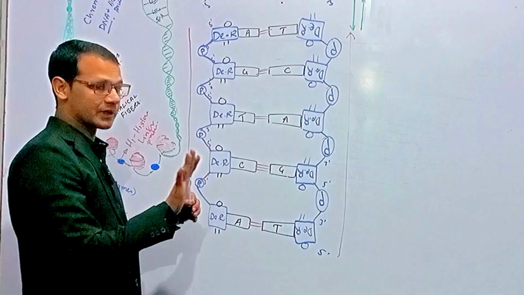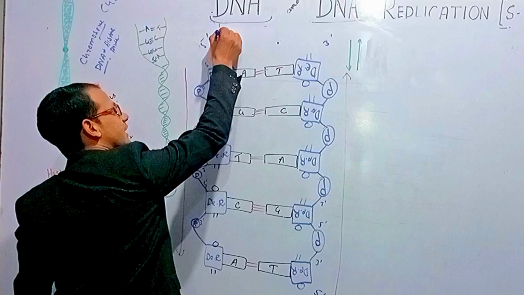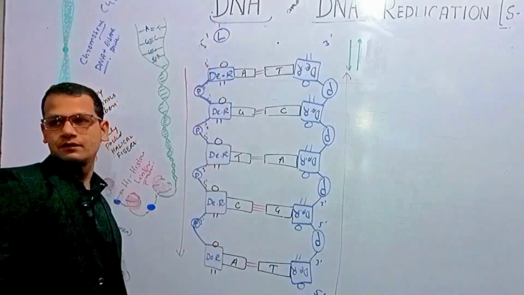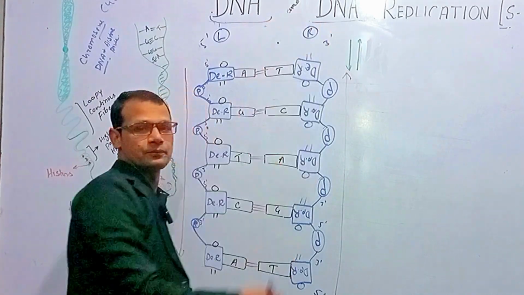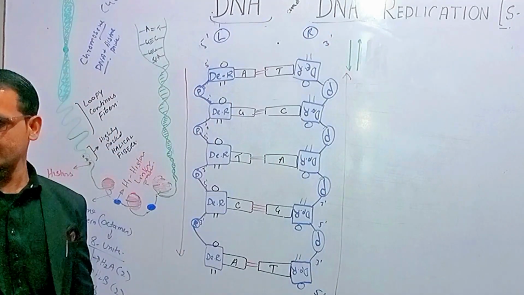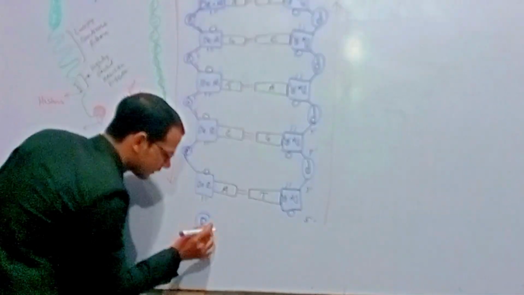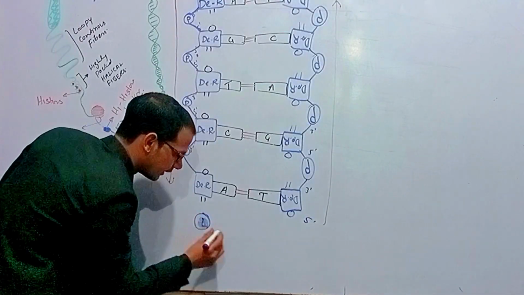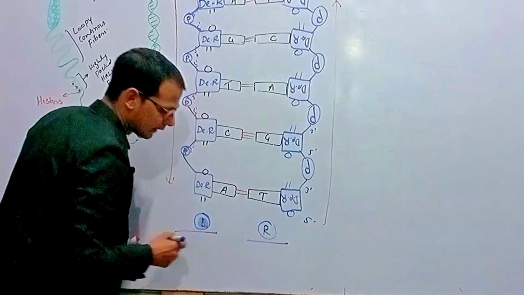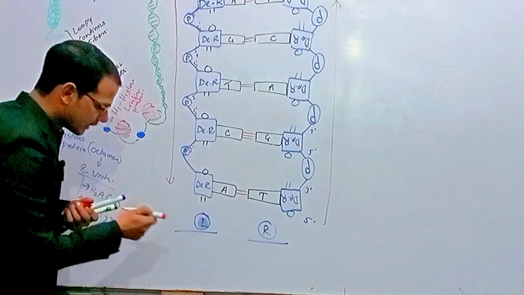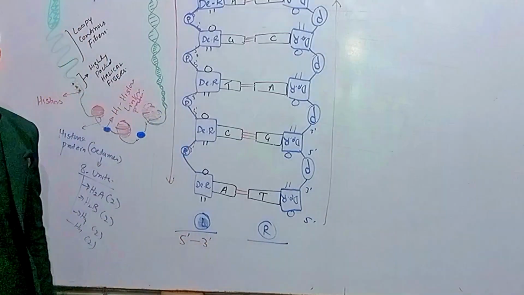We say that this is the left side of DNA and this is the right side of DNA, right? How are these anti-parallel? The left side strand is from 5 to 3 end, right?